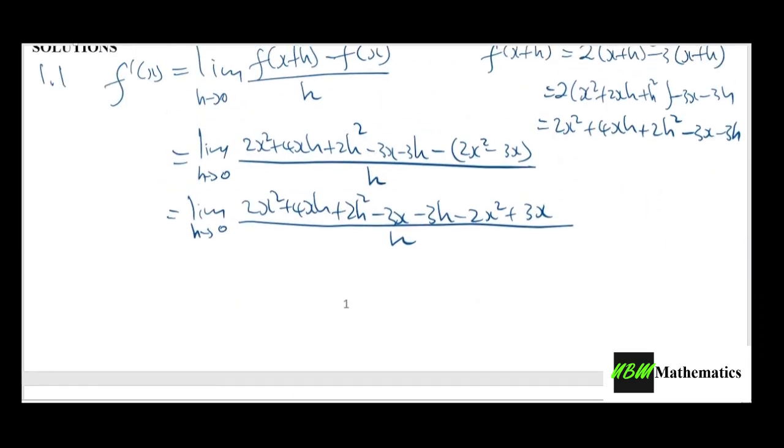And then on the numerator, 2x squared minus 2x squared is 0, minus 3x plus 3x is 0. Then this will be equal to the limit as h approaches 0 of 4xh plus 2h squared minus 3h, all divided by h.